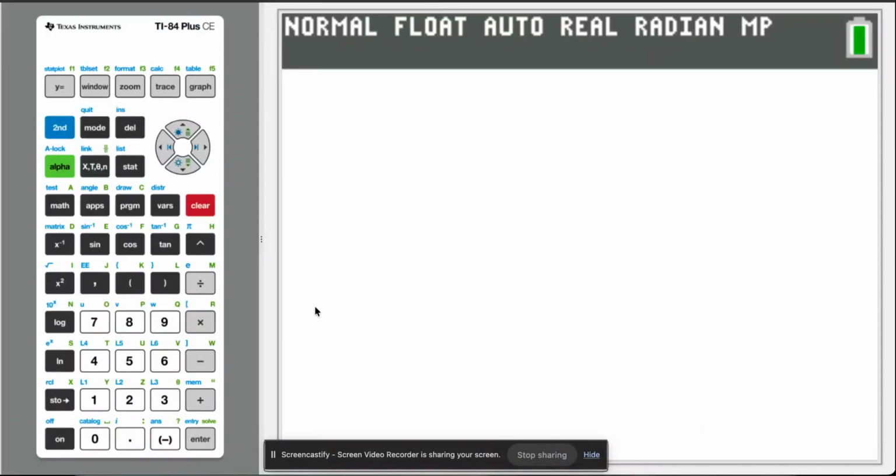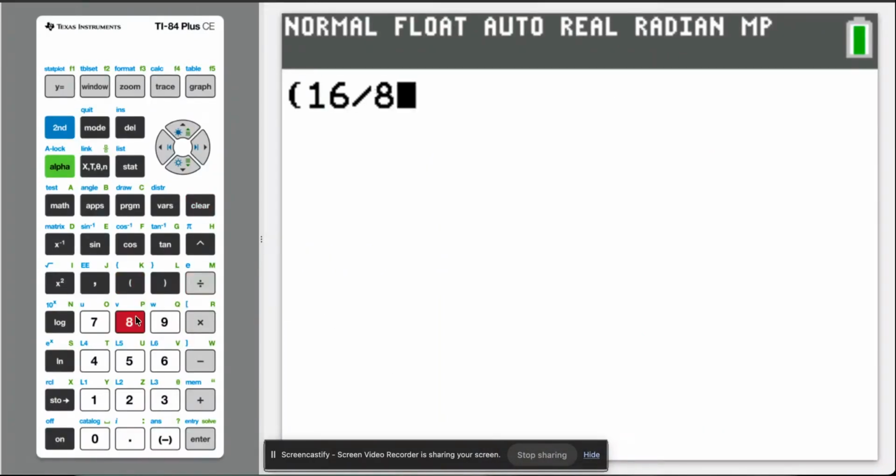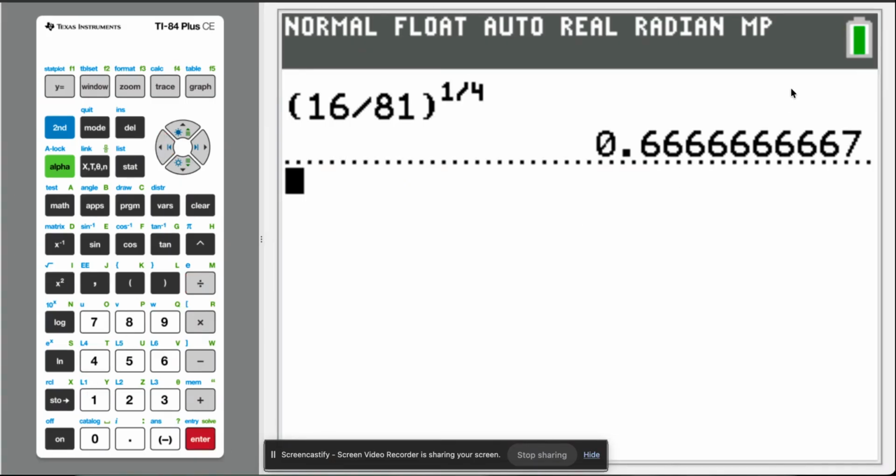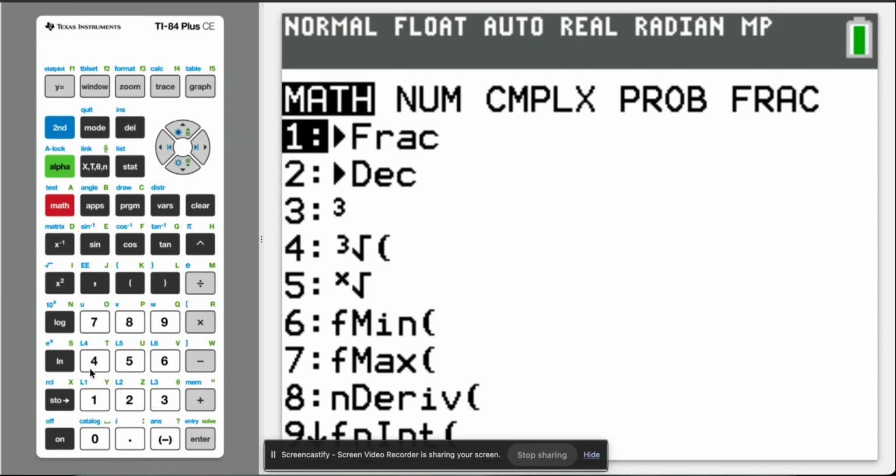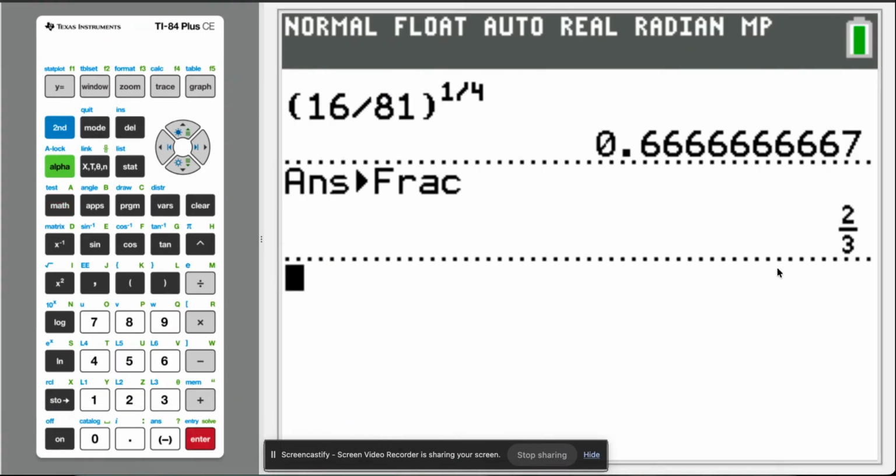If I put that into the calculator, if I do 16 over 81 to the 1/4 power, I get 2/3, right? 0.666 repeating is 2/3. Remember, we can hit the math button and then 1 to turn that back into a fraction. So 2/3 is my growth factor over an interval of 1.